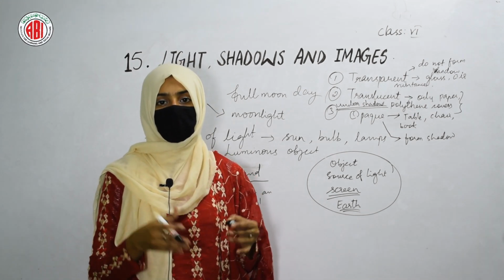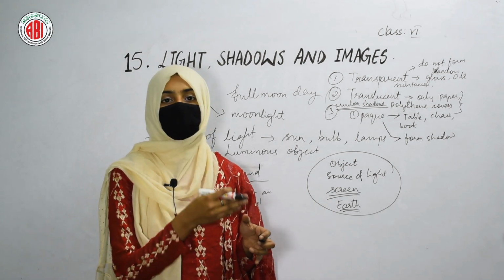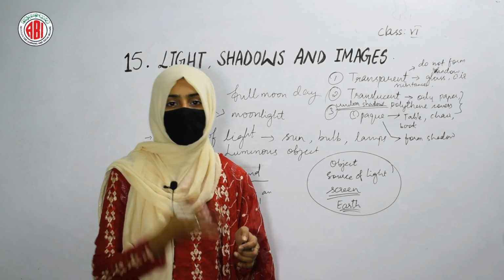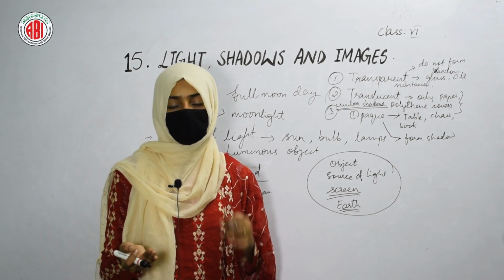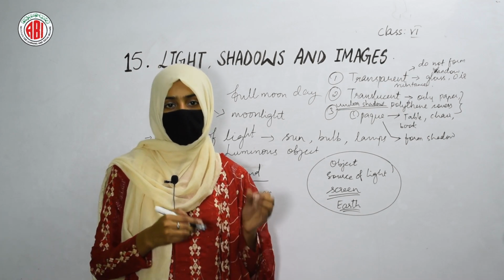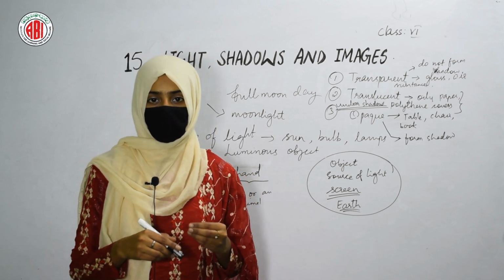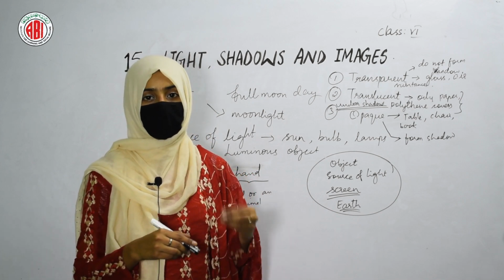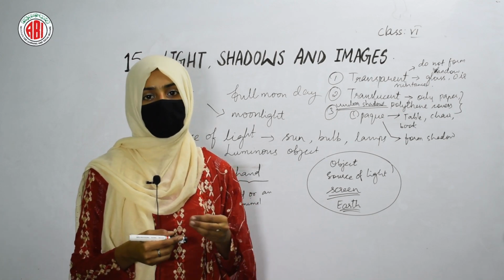Whenever the objects are present through which the light does not pass, they form shadows on the surface of the earth. In this way, the shadows are colorless. They do not bear any color, because shadows are the part of an object where the light doesn't pass.